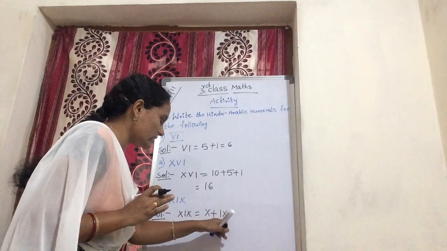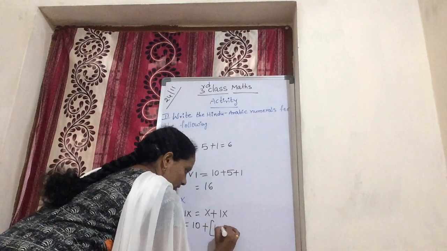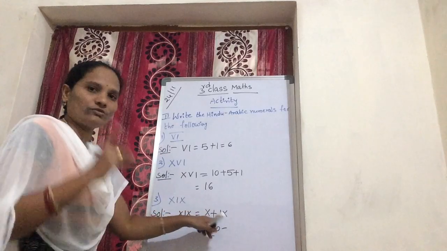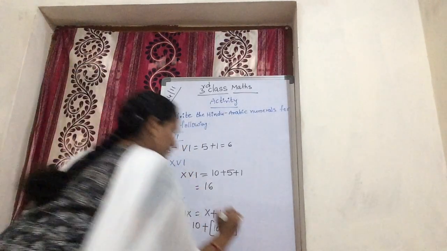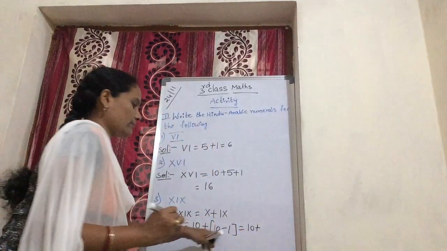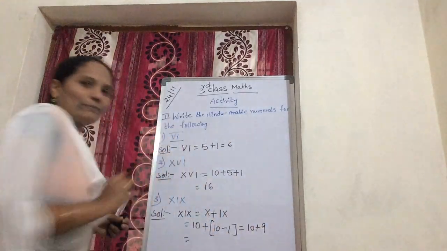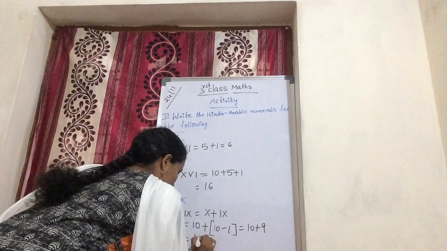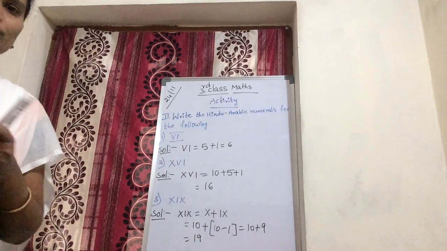Subtraction, because here it comes before. So X for 10 minus I for 1. Okay, got it? Now 10 plus 10 minus 1, 9. Tell me, children, 10 plus 9, you get 19. Okay? Now please copy it, Amma.